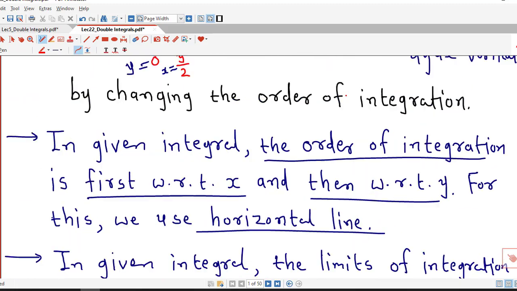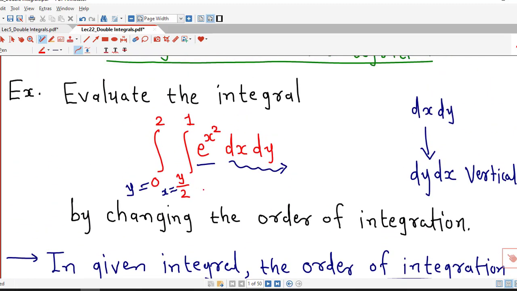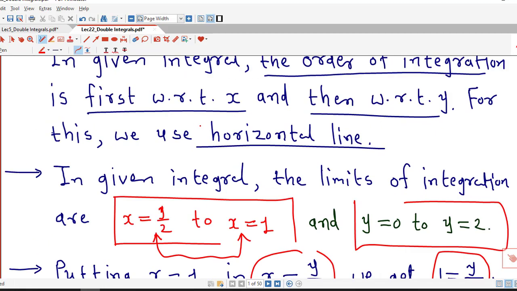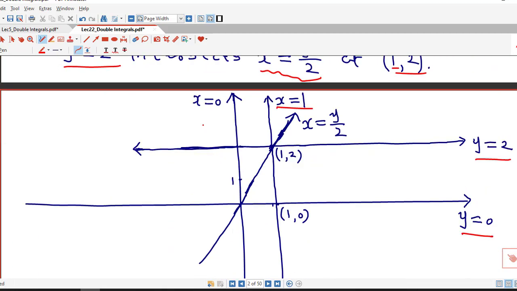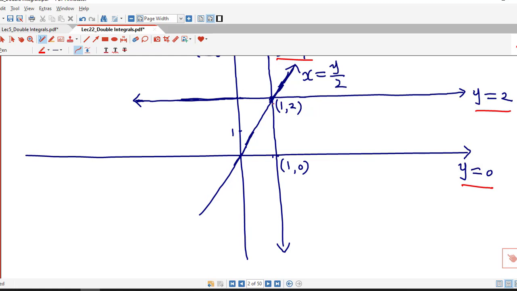Now our limits are: x starts from y by 2 to 1 and y is from 0 to 2. So x is starting from y by 2 and it is going up to x equal to 1. So we have to start with this x equal to y by 2 and go in this direction up to x equal to 1.